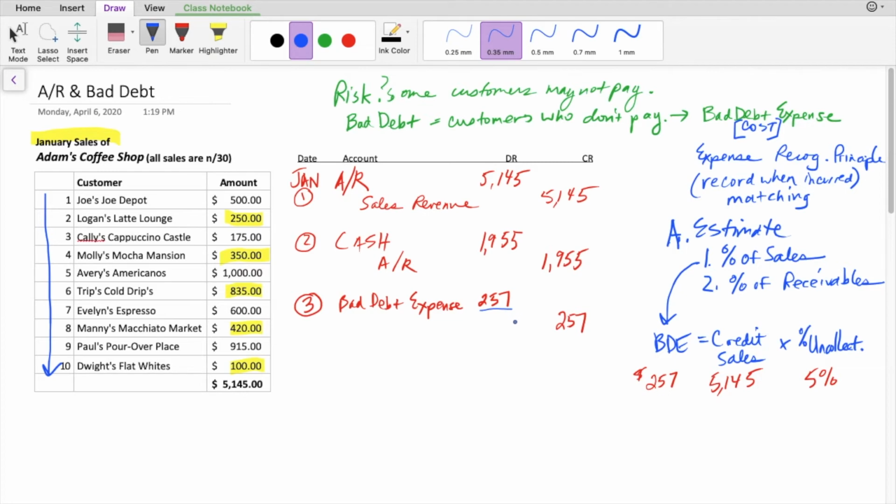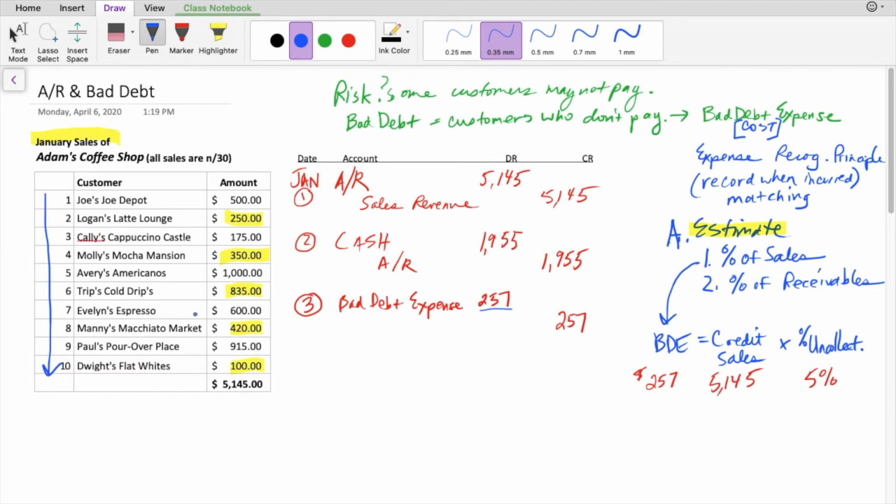But we have a slight problem with this. Because as we said before, right now, what are we doing? Right now, the first thing we have to do is record an estimate. Why are we recording an estimate? We're recording an estimate because we don't know which of our customers over here are not going to pay us.